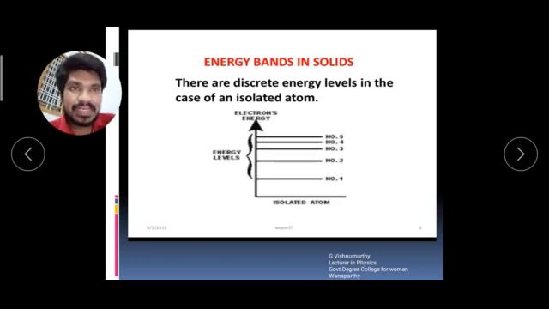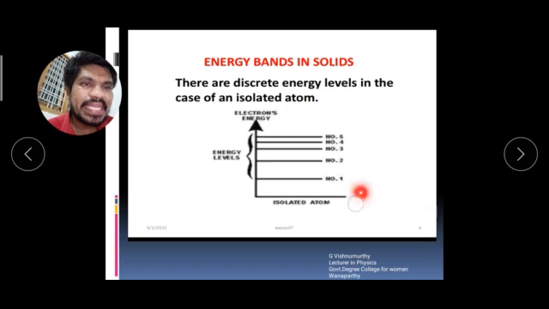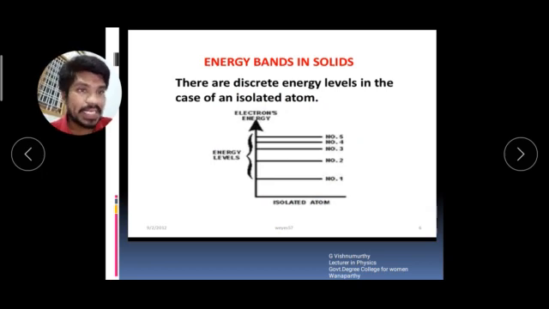So the solids have energy bands. If you take any atom of the solid, it consists of energy bands like this. Here you take an isolated atom. An isolated atom means a free atom which is present in the solid.